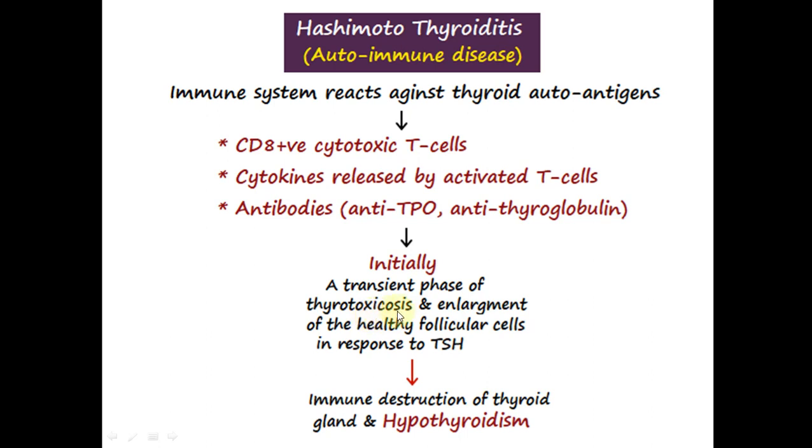Later on, when the immune system destroys the whole of the thyroid gland, ultimately the patient goes into a state of hypothyroidism, and mostly the thyroid glands show infiltration of mononuclear cells, lymphocytes, plasma cells, and ultimately it undergoes fibrosis and the gland is fibrosed, small in size, and there is no production of thyroid hormones.